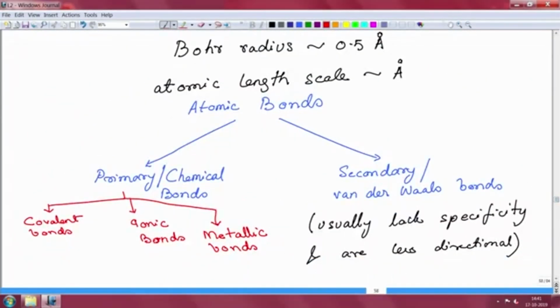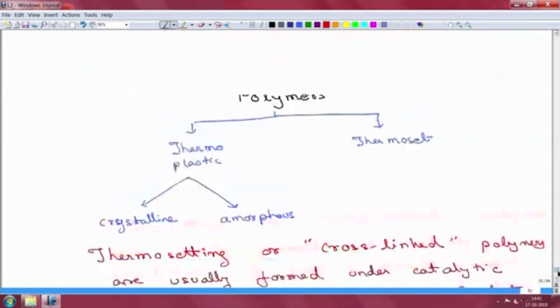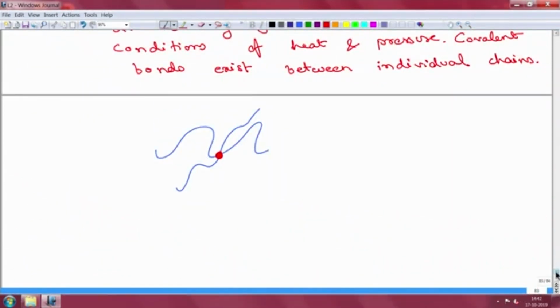We had said that in atomic bonds there are two types of bonds, the primary and the secondary type of bonds. So, when we come back to our system like this, at this location you can either have a primary bond or a secondary bond, okay. And that gives rise to the difference between the two polymers.